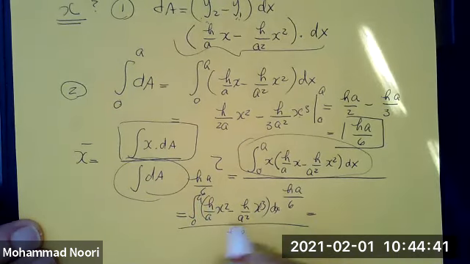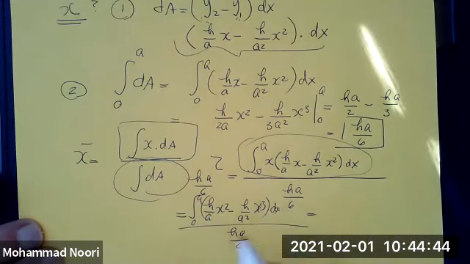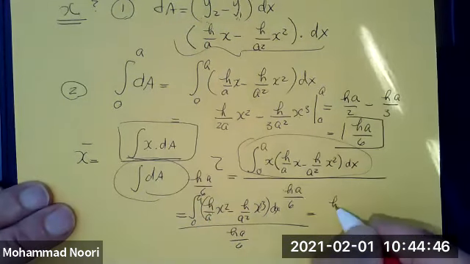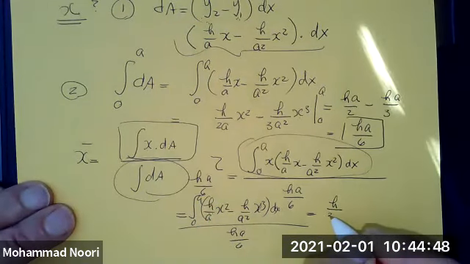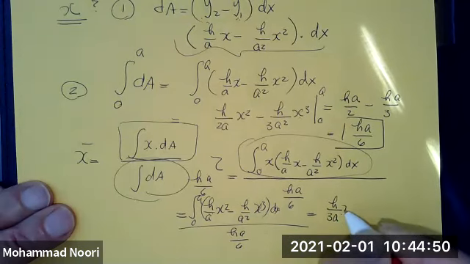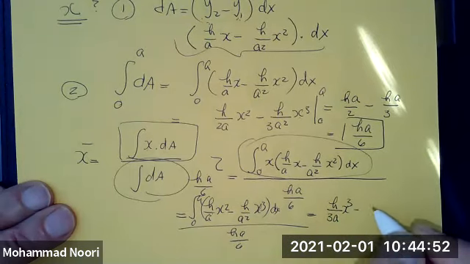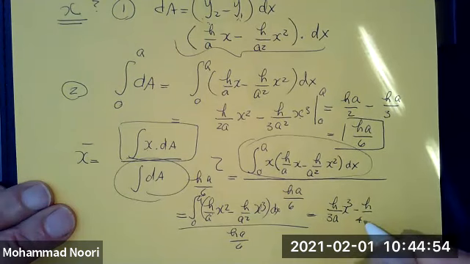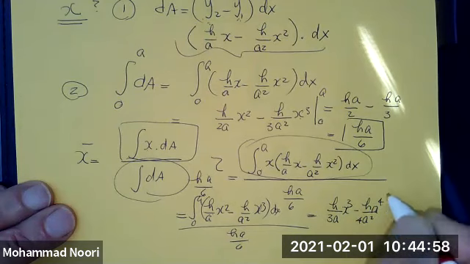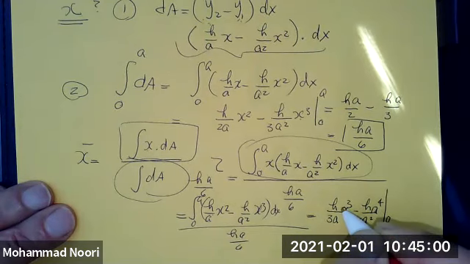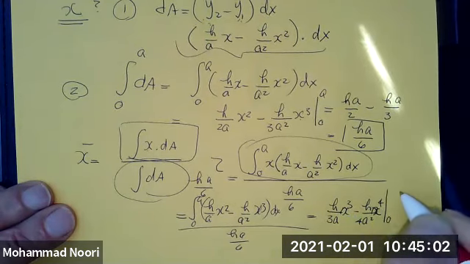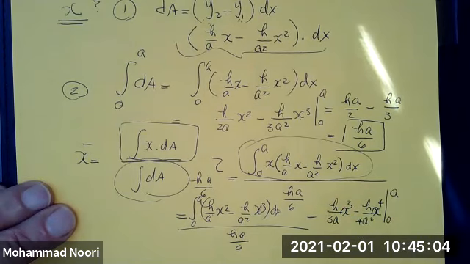So if you perform the integration here, it would be h over 3a x cubed minus h over 4a squared x to the fourth, from 0 to a.